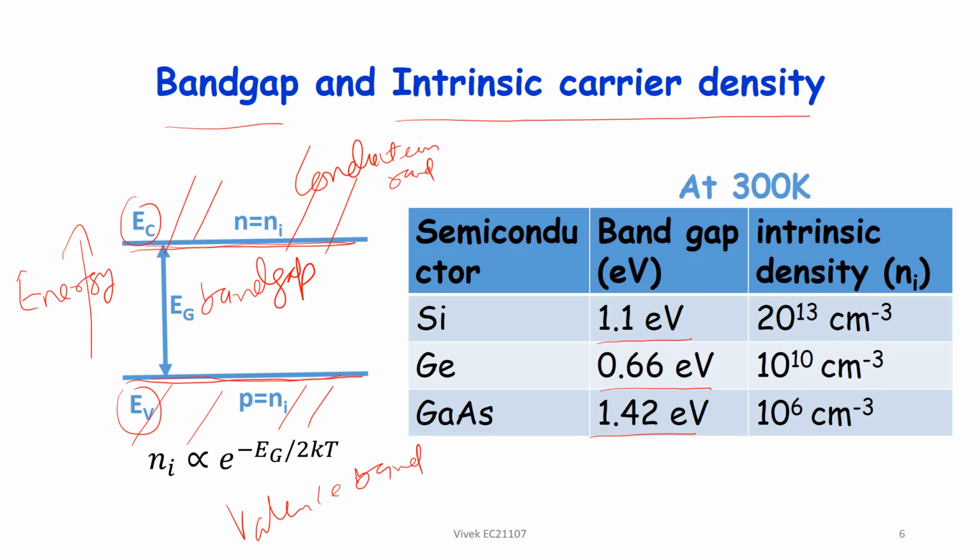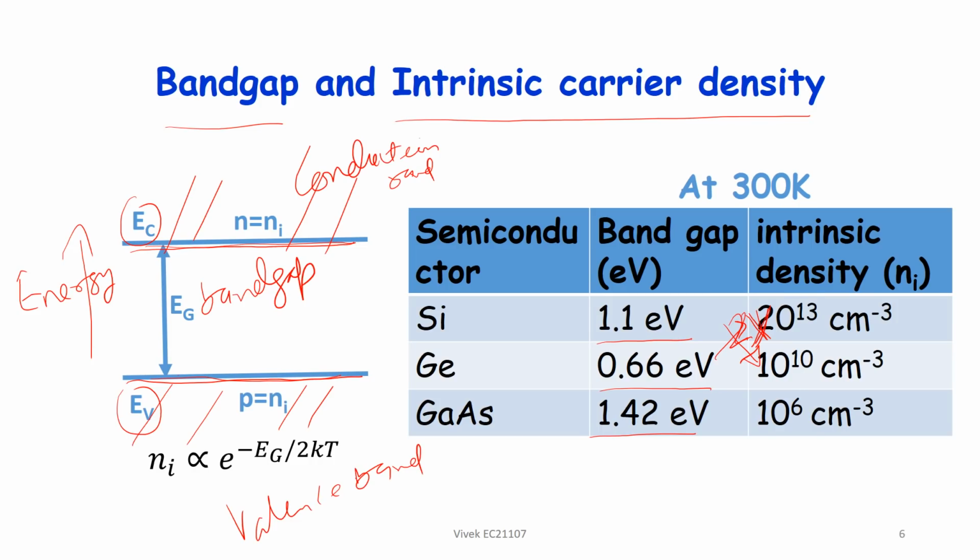And then intrinsic carrier density. For silicon it is around 10 raised to power 10. I will correct it. For germanium it is around 2 times 10 raised to power 13.